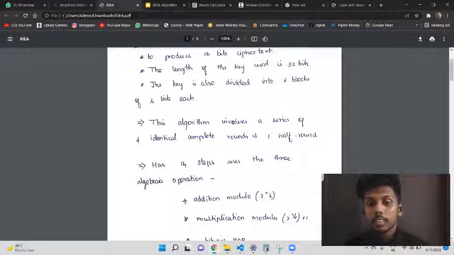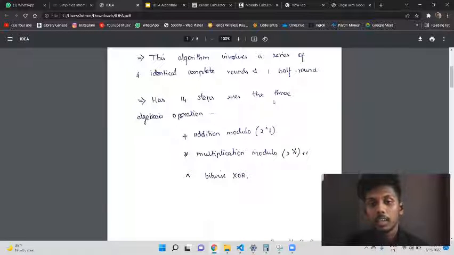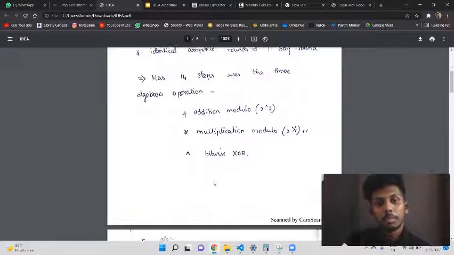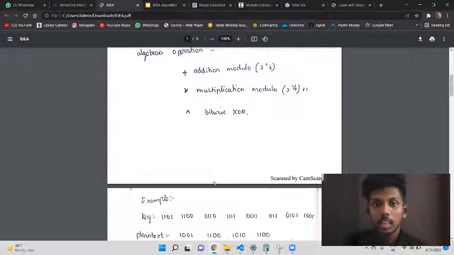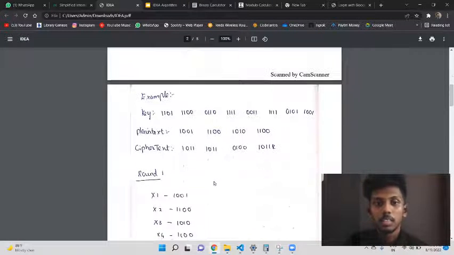These rounds have 14 steps each, like round 1, round 2, round 3, and round 4 each has a separate 14 steps, and these 14 steps revolve around addition modulo, multiplication modulo, and bitwise XOR. These 14 steps revolve around these 3 main operations.